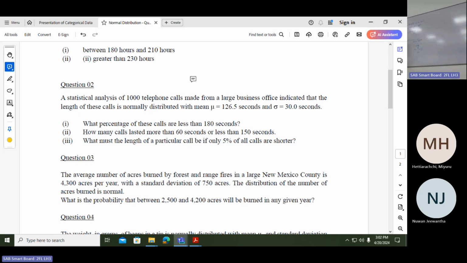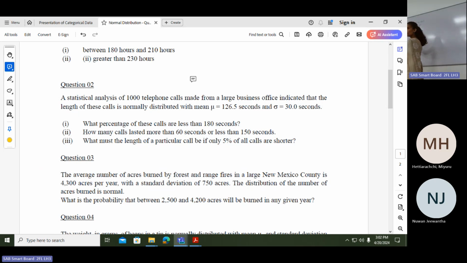Then looking at the table, 0.4625 for 0 to 1.78. But we want the probability of the total area.